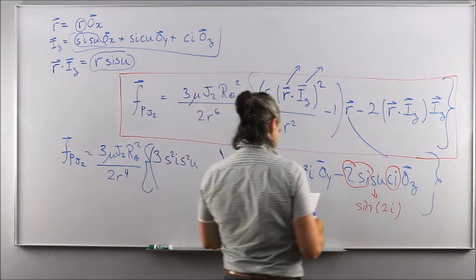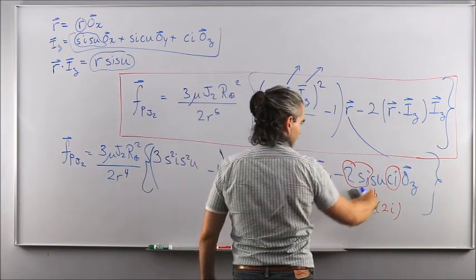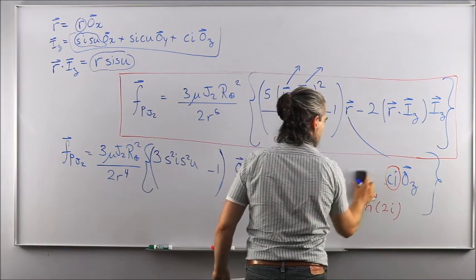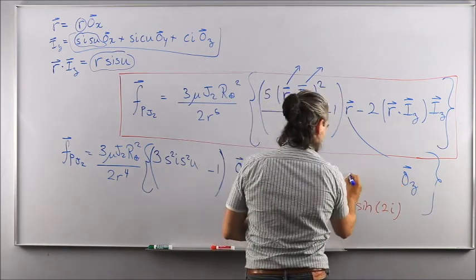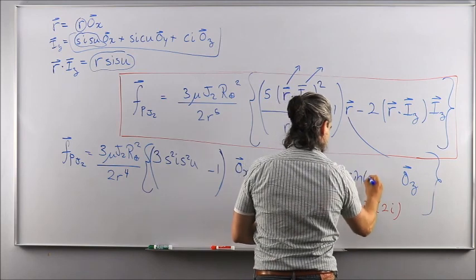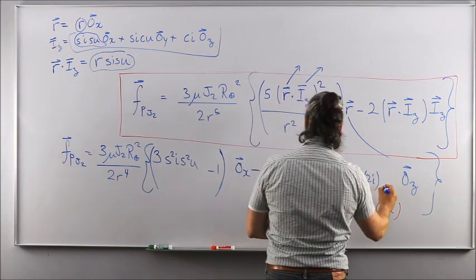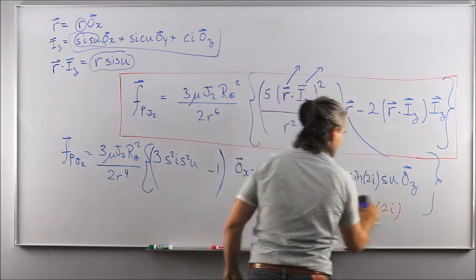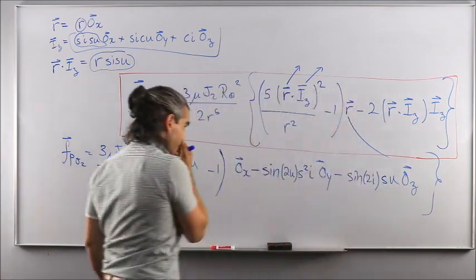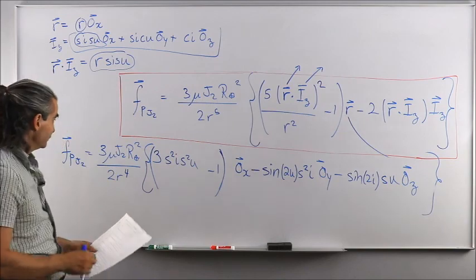And here, let's not forget about the sine U that I have. So minus sine 2I times sine U times OZ. Great. This is so fun.